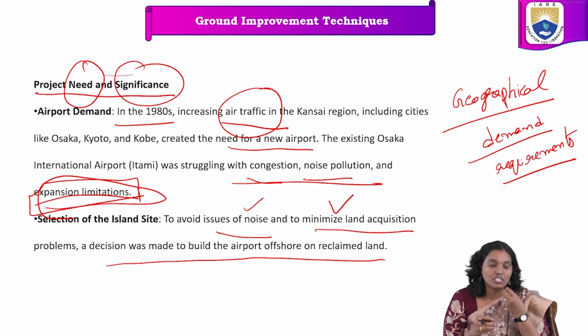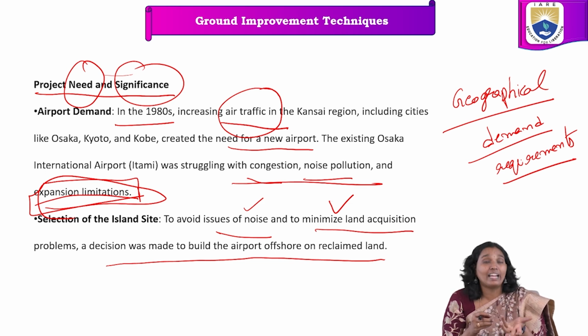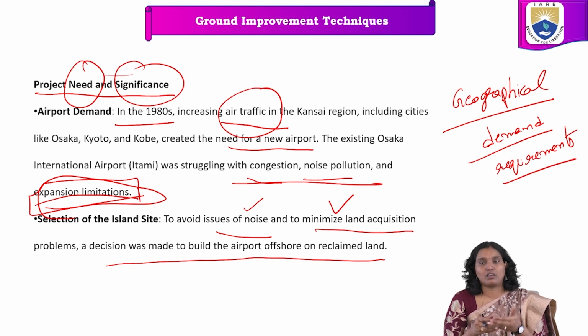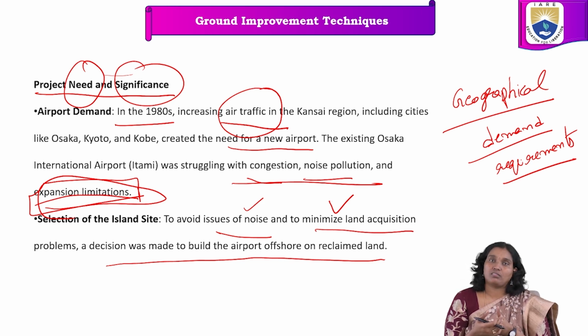So the selection of the site is not 100% from the technical parameters. Of course, it is there, but even so, we have to understand the sentiments and emotions of that particular locality, which are also involved.